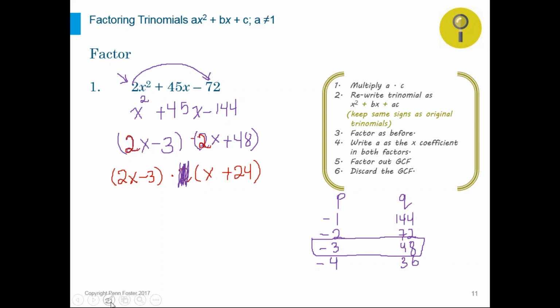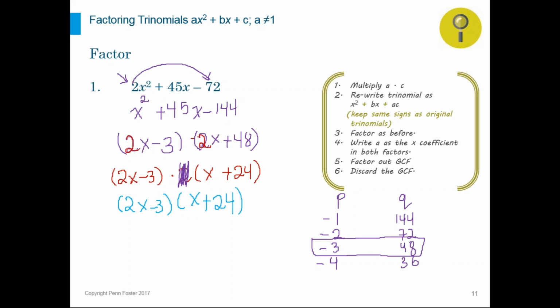Now your factors of this trinomial are 2x minus 3 and x plus 24. Now you can do the trial and error and try to see which set of factors will go there.